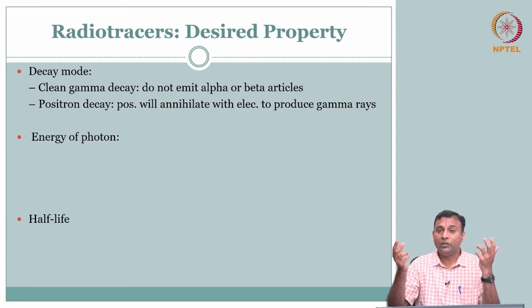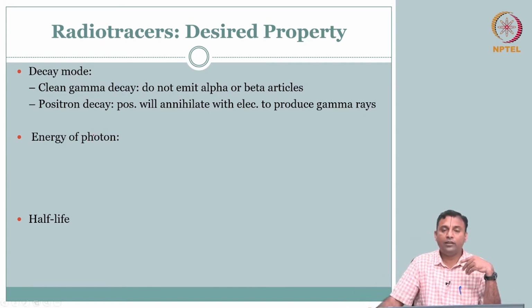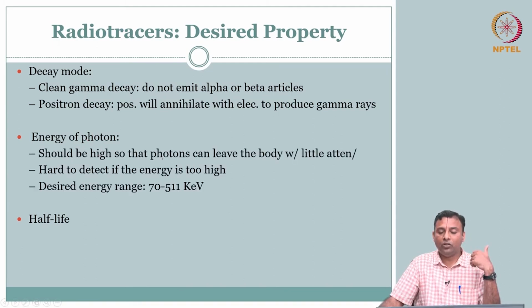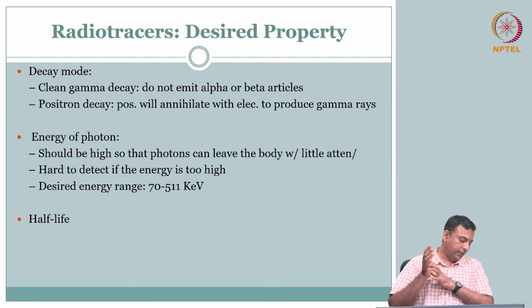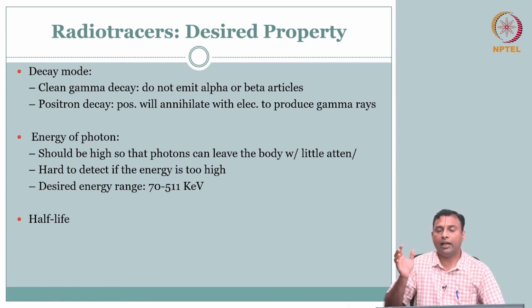So the idea is, if you have high energy, we know from X-ray also, it won't interact with the tissue. So you should choose an energy of the photon so that it doesn't interact with the tissue. It should be high so that the photons can leave the body with little or no attenuation. But if it is too high, what is going to happen? You have to detect it, so your detector has to be carefully designed.